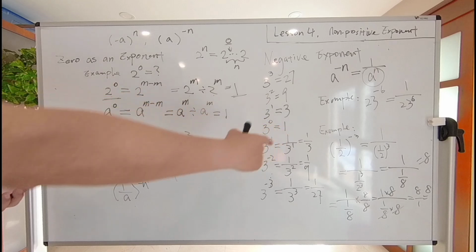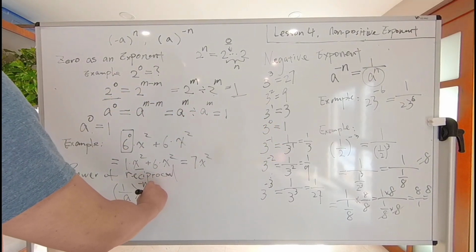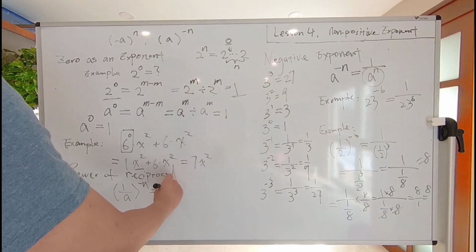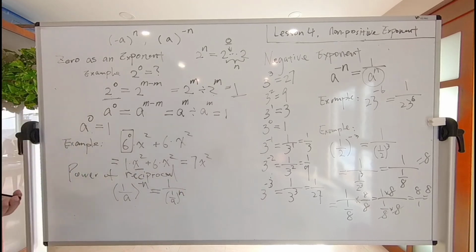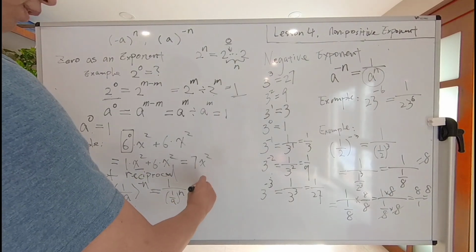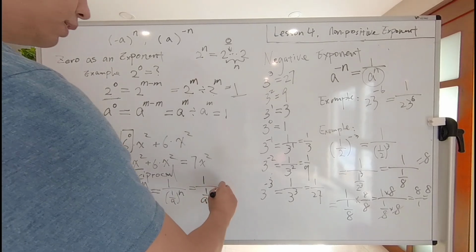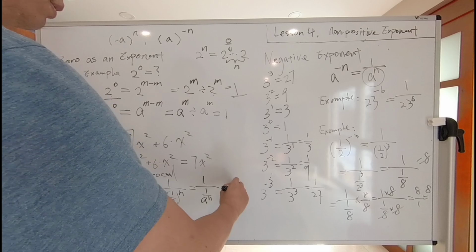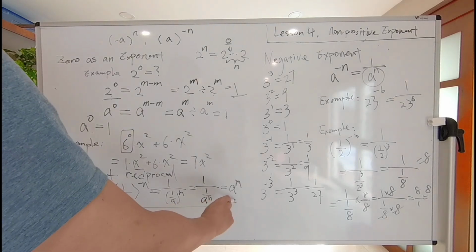After seeing that example, it is 1 over a to the nth power, and then it is 1 over a to the n, and it is a to the nth power. Right, so basically the negative power of reciprocal can be written as this.